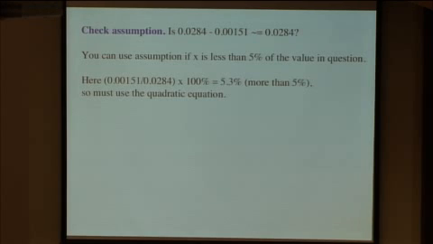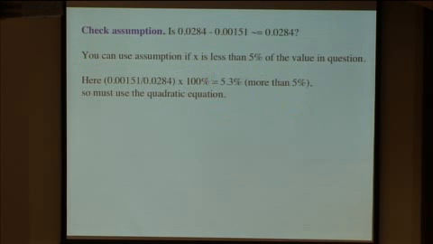Now we can check and see if x was really small, if that assumption worked right. So is 0.0284 minus 0.00151 really the same as 0.0248? And we let you make the assumption that it is. We say it's OK if it's less than 5% of the value. So in this case, it's actually not.